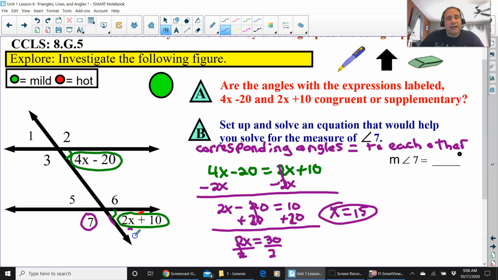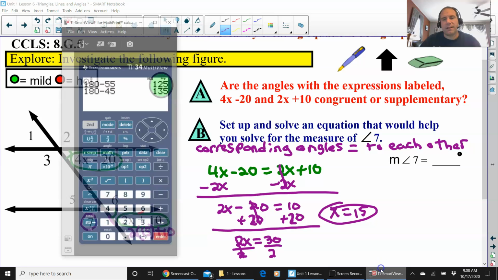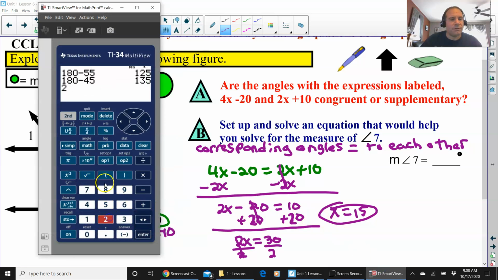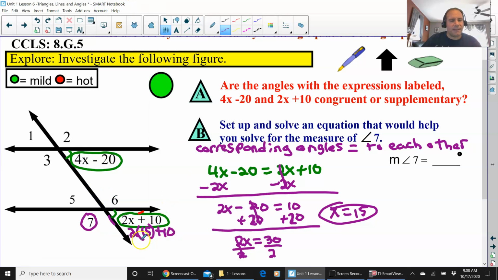So I'm going to just substitute in here 2 times 15 plus 10. And just like what I did on the calculator, 2 times 15 plus 10. 40 degrees. So if that's 40, now I know that this little part is 40 degrees.